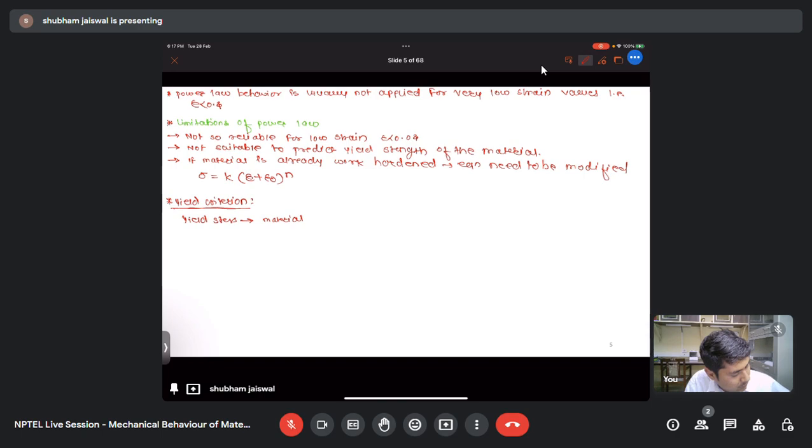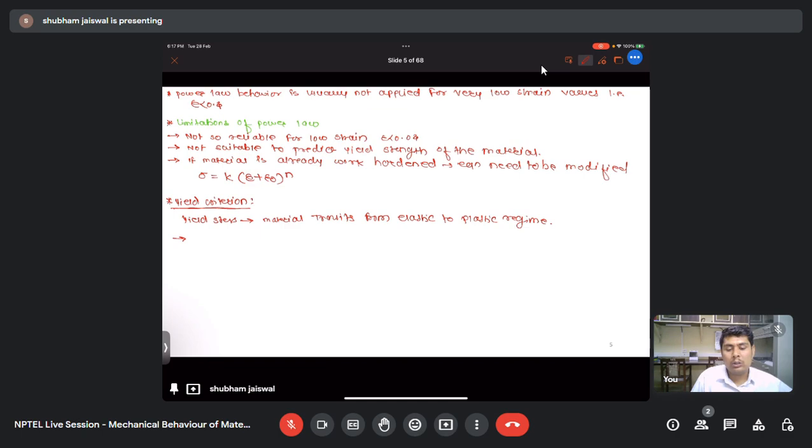Material transits from elastic to plastic regime. Okay, one more thing. Then we have seen that in general the state of stress is not uniaxial.